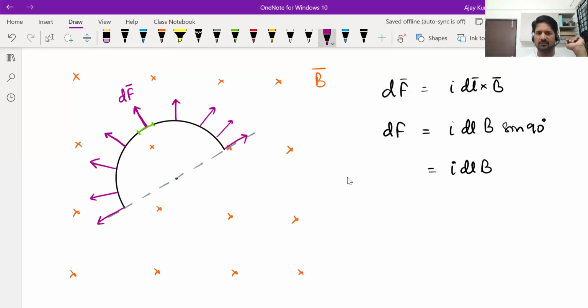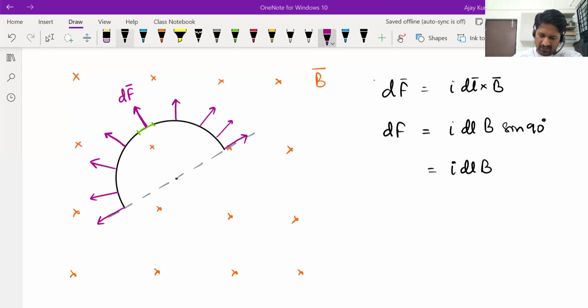What are these vectors that I have drawn? dF, sir. What force is that? Force due to magnetic fields. It's the magnetic force acting on each current element of that wire. So these purple vectors that I have drawn are all magnetic force vectors.